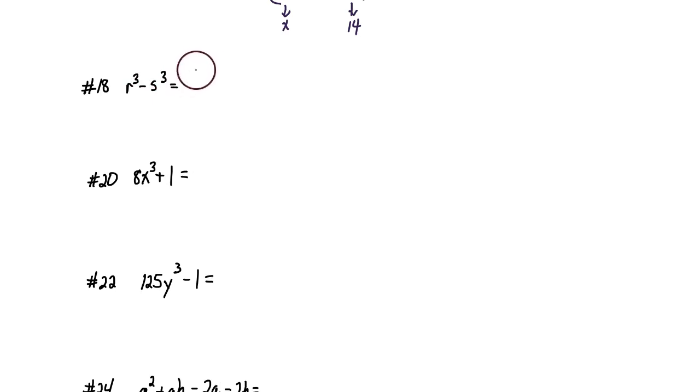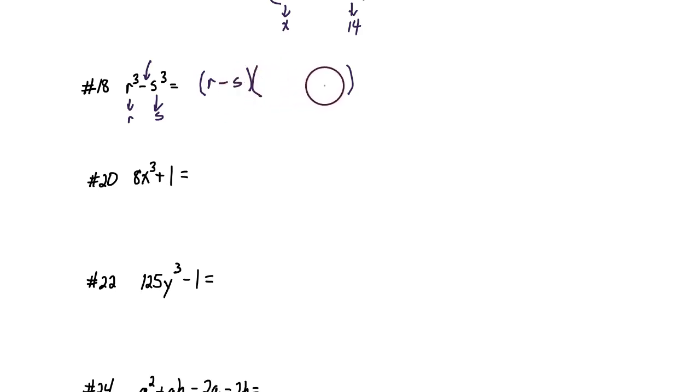So as soon as we know it's a difference of cubes, write down the parenthesis pattern that you use to factor it. The cube root of r cubed is an r, and the cube root of s cubed is an s, and that's what goes in there. Whatever this sign is, it's used there.